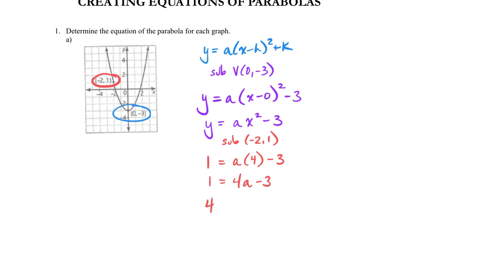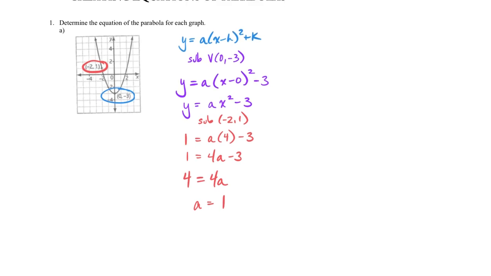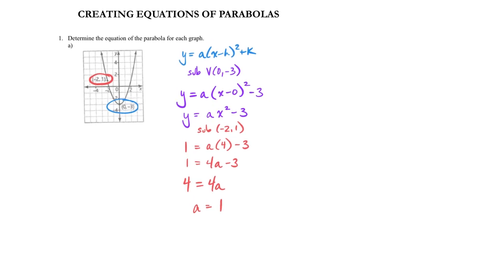Now for me to solve, divide out my 4, and I got an a value of 1. Okay, as soon as I went through that process, if I shrink it a little more, that now allows me to state the equation of my parabola. I'm not going to write the 1 in because we recognize that a coefficient of 1, we don't write it, that's bad form.